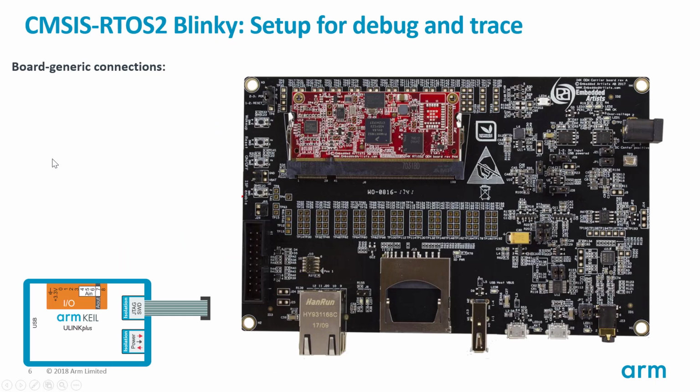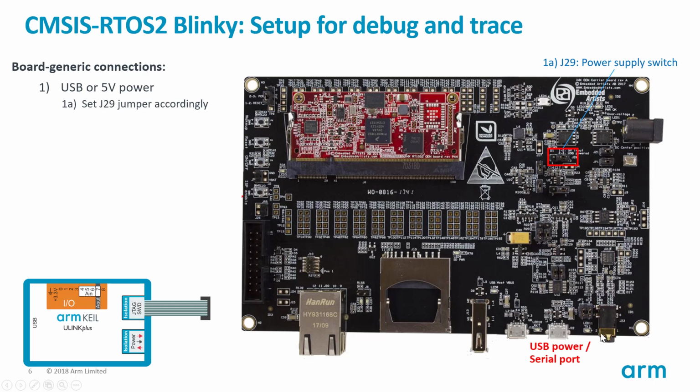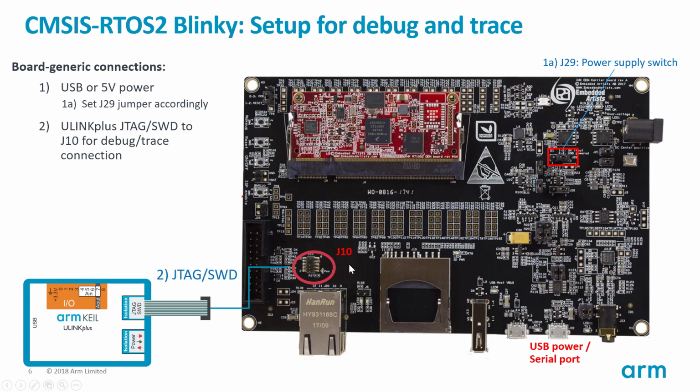The initial hardware setup to get started with the application is quite simple. First, we obviously need to power the board. For that, I am using USB power and configure the jumper J29 accordingly. The board has a 10-pin connector for JTAG SWD interface that I use to connect to ULINKplus. One special modification we need to do on the board is wire connection between TP15 and TP83.